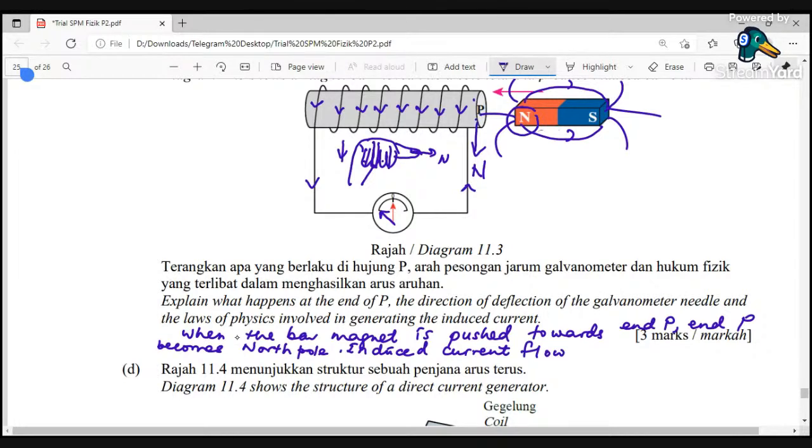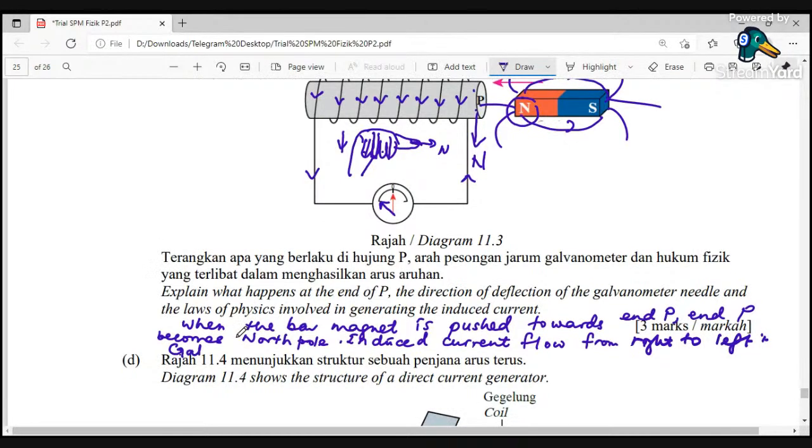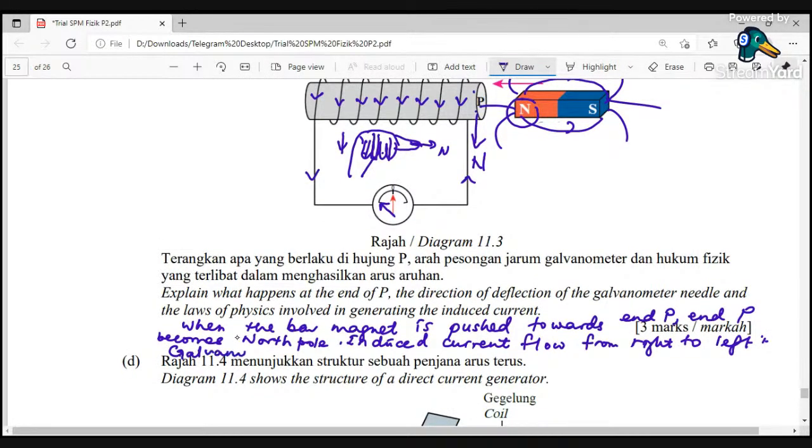The galvanometer pointer deflected to the left.